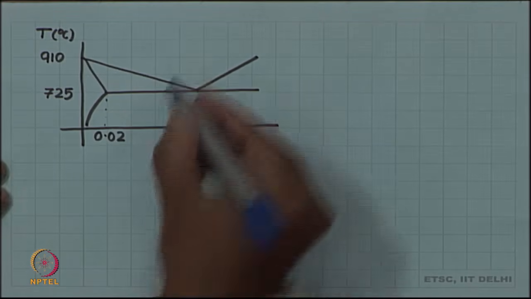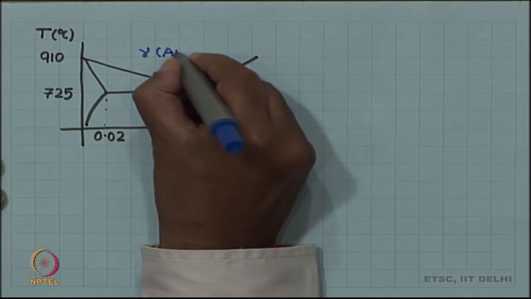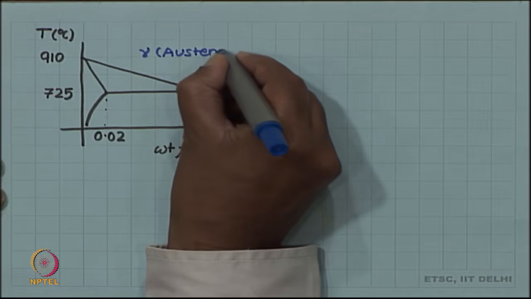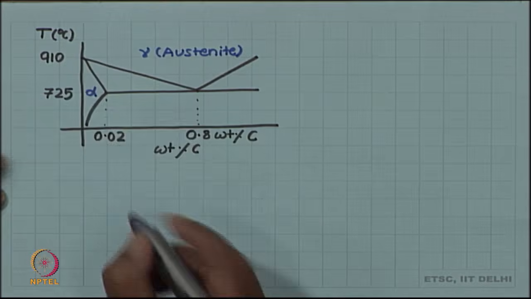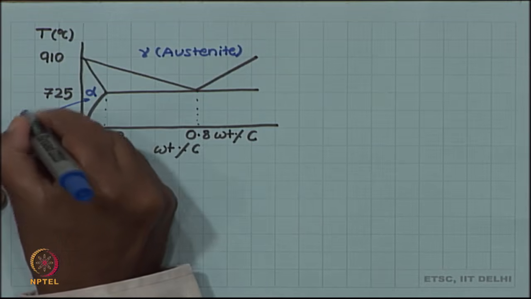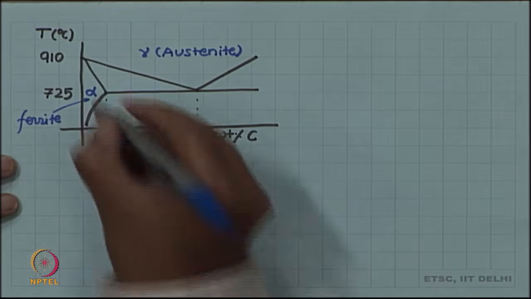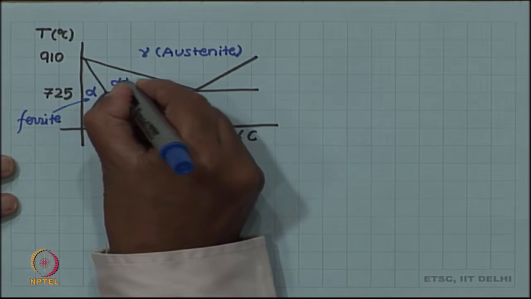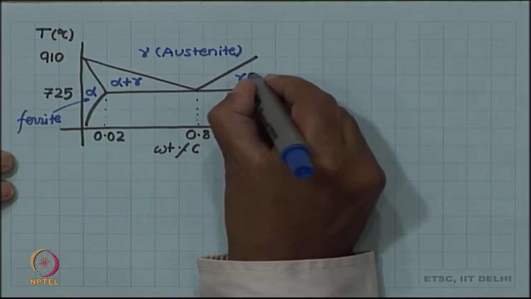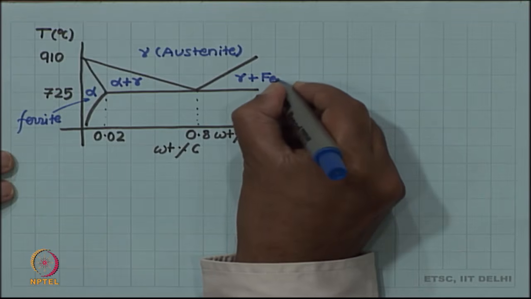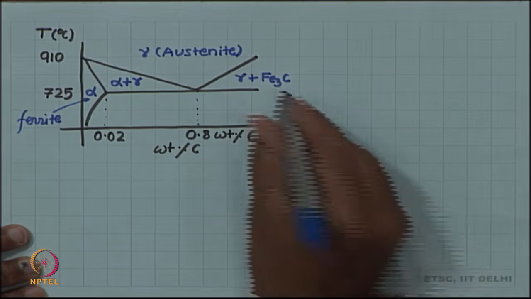The phases were gamma for austenite, then alpha which is ferrite, and this region is alpha plus gamma. Recall the 1 to 1 rule. This region is gamma plus Fe3C, because it is 6.67% on this side.